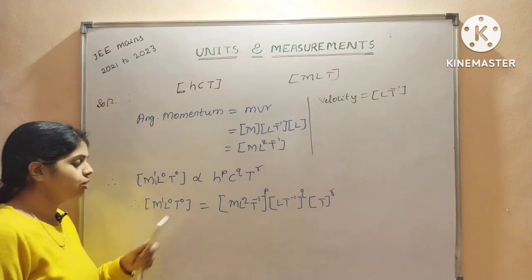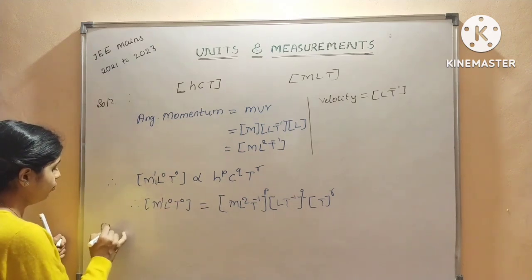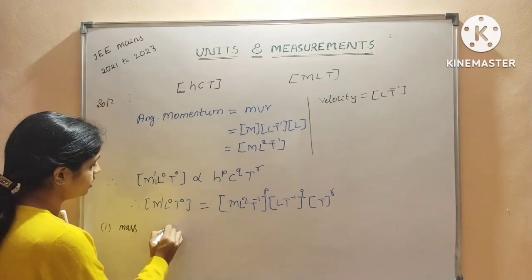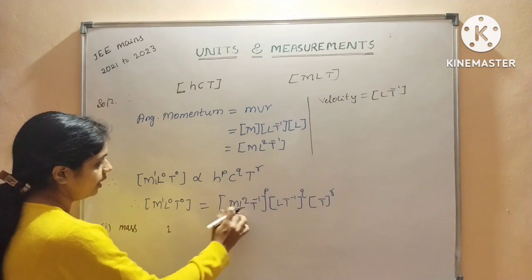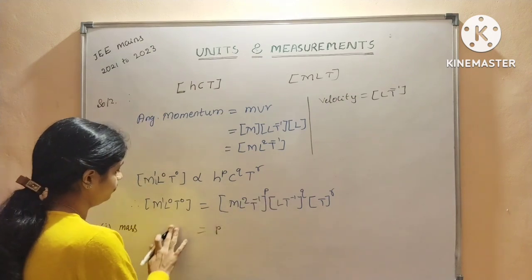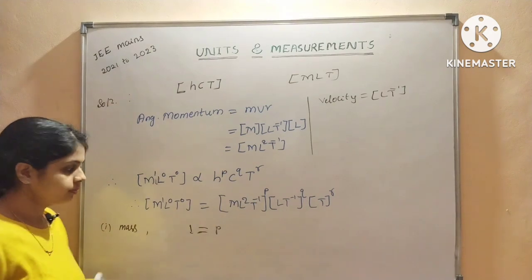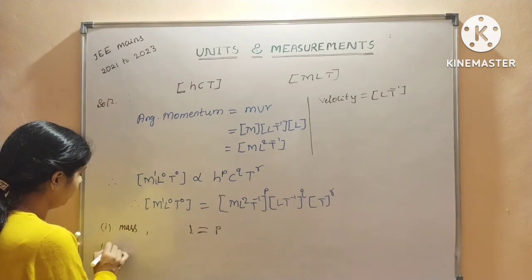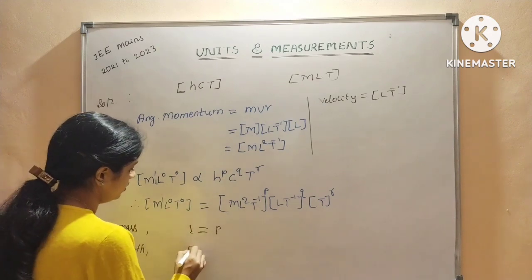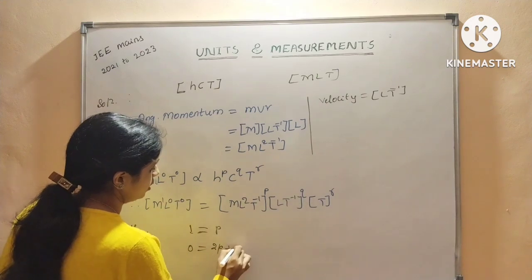Now equate the powers of LHS and RHS. First of all, for mass, equate the powers. In LHS 1, in RHS p. For length, 0 equals 2p plus q.